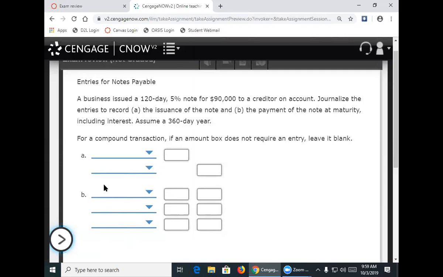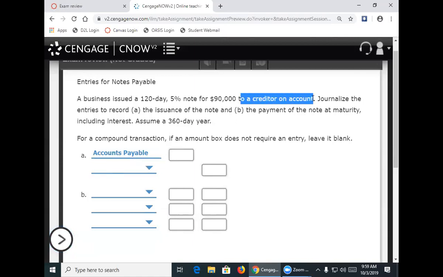So on part A, what do I debit and credit when the note gets issued? Very good. Accounts payable, because in this case, they told us it was to a creditor on account. If it said for cash, you would want to debit cash. And how much am I debiting?